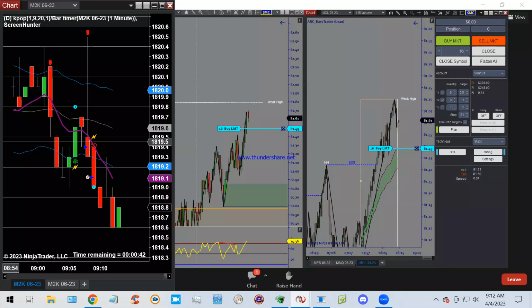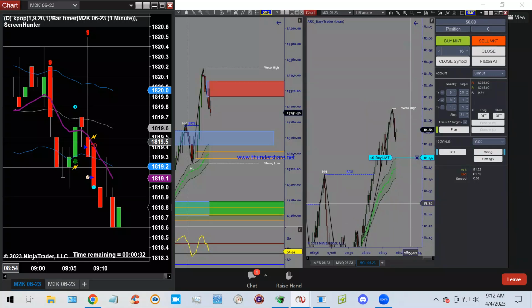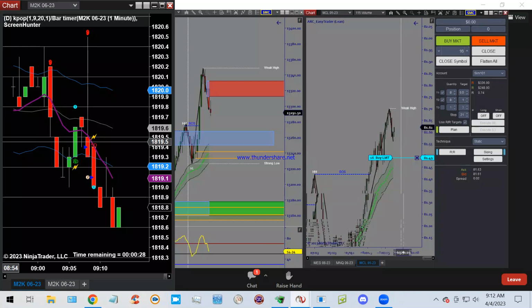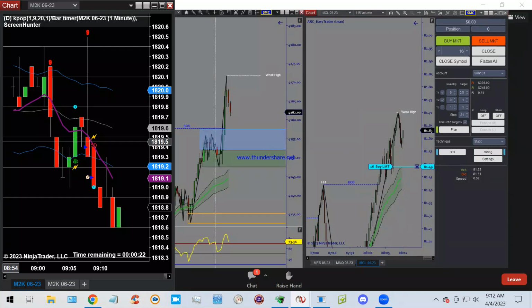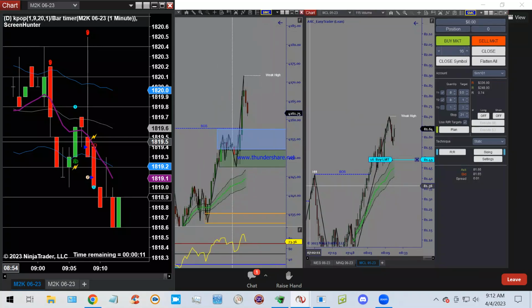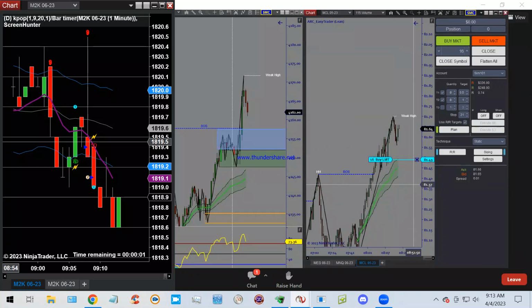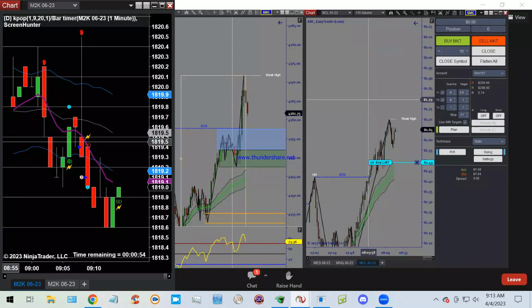Crude's in an uptrend. A lot of strength in crude. Equity's pulling back a little bit deeper. Let's go, crude. Come tag us in.